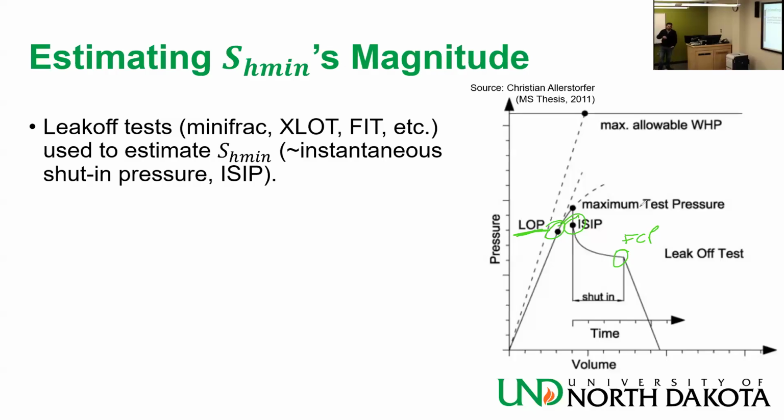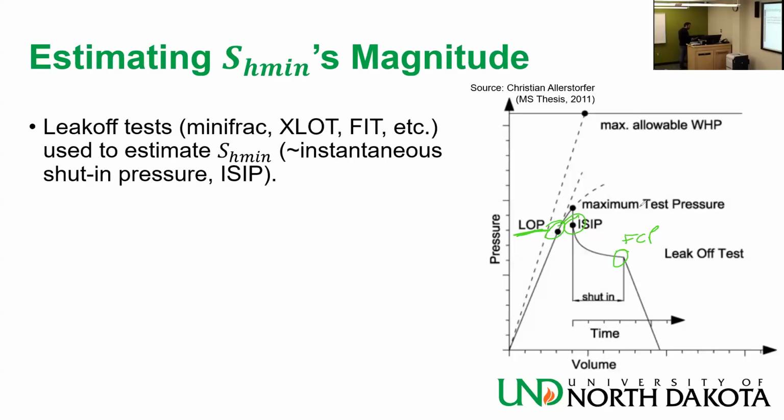And I know there is a lot of debate on which is going to be closest to SH min. I have seen papers approximating SH min with LOP. I have seen papers approximating SH min with ISIP. I have seen papers approximating SH min with FCP. They are all an indication of SH min.